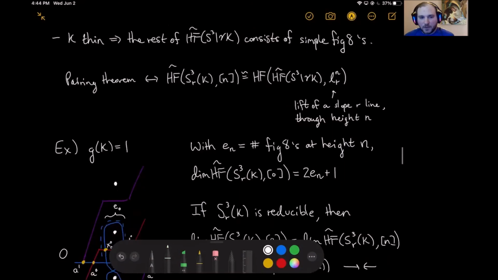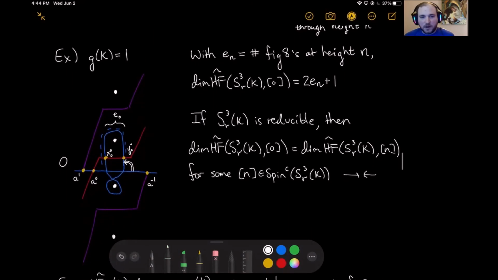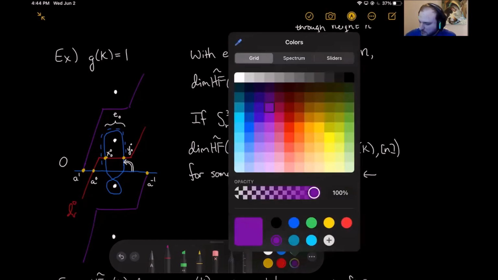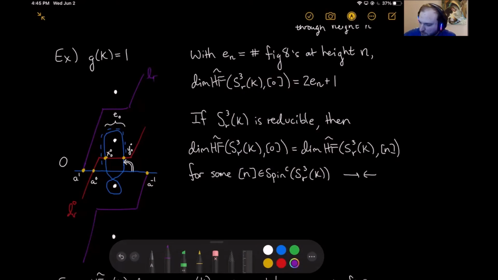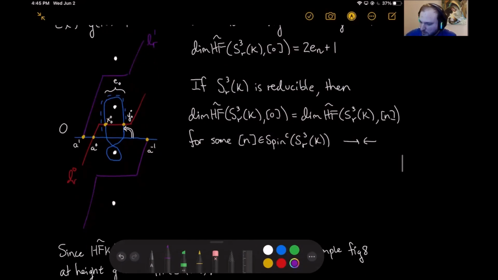So let's look at a genus 1 knot, and we have any possible number of figure eights in the middle, so not just one, as is the case for the figure eight complement. One thing that you can notice right away is that this is the line of slope R through height 0, and then these other two are the lines of slope R through height 1 and -1.